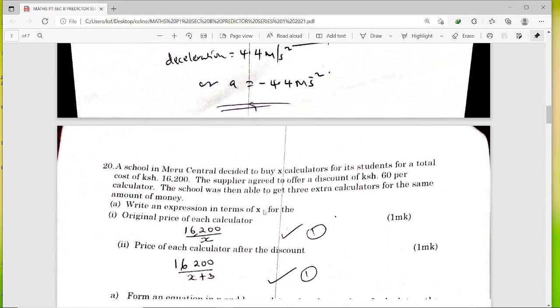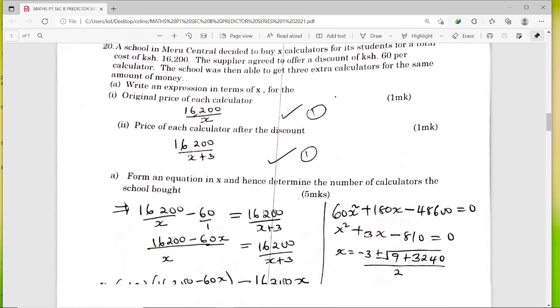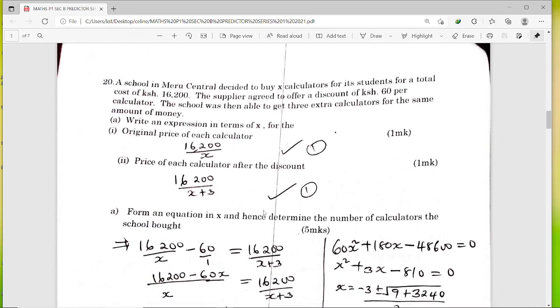Then we go to the next question. That is question number 20. It is talking about a school in Meru Central that decided to buy X calculators for its students for a total cost of 16,200 Kenyan shillings.